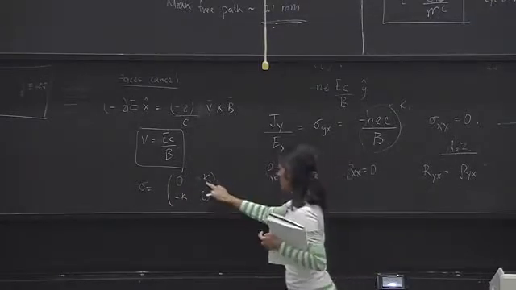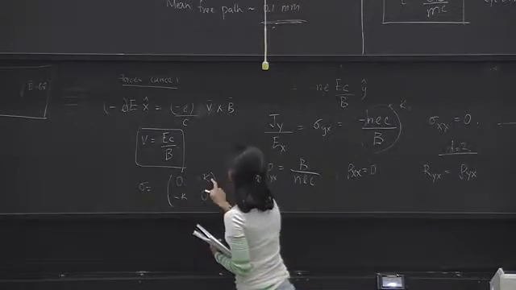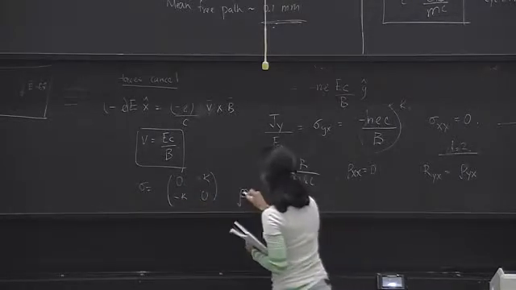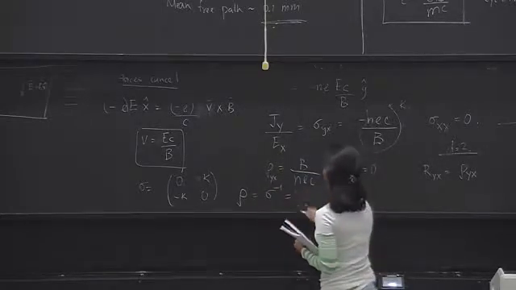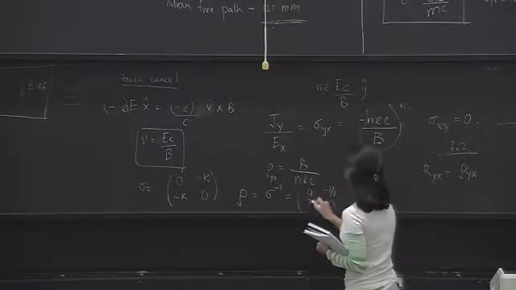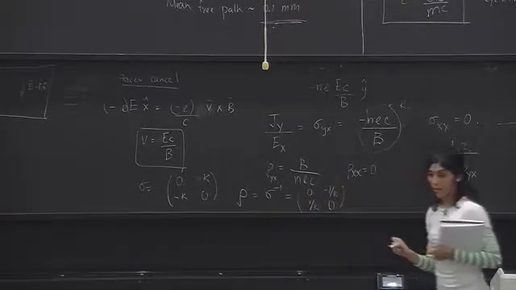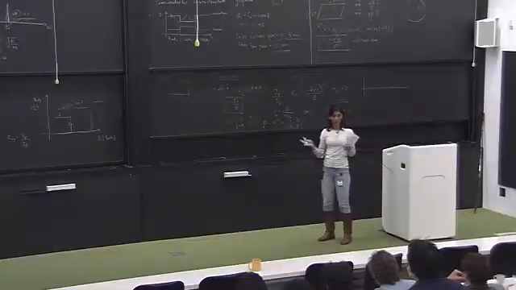Okay? So this is because sigma xx is 0, sigma yy will also be 0, and this is xy and yx. So the resistivity tensor is defined as the inverse of this. When I take the inverse of a 2 by 2 matrix, I'll actually get 0, 0. So it's not particularly magic or meaningful.